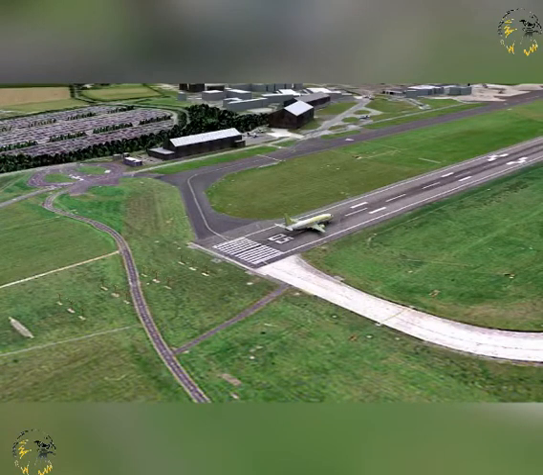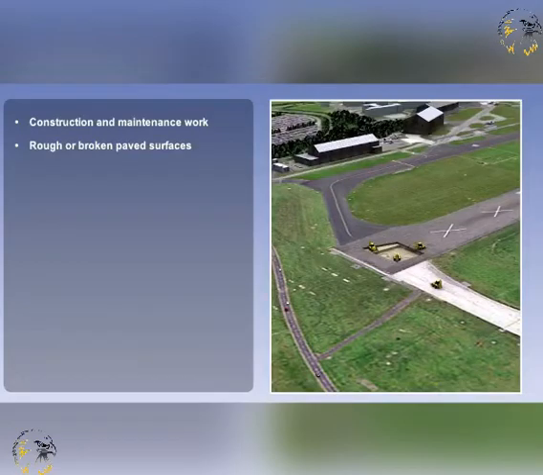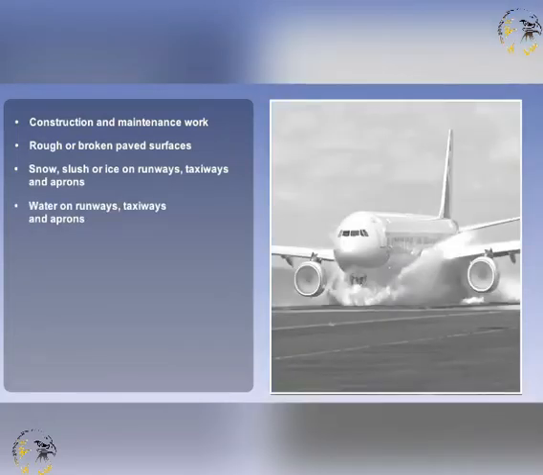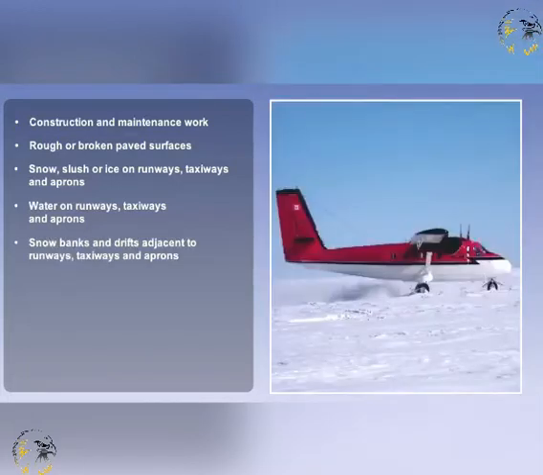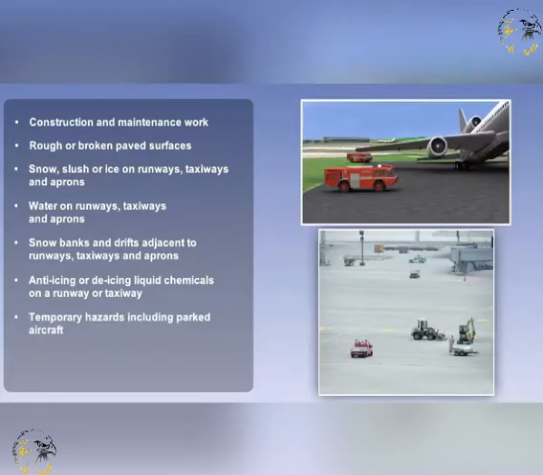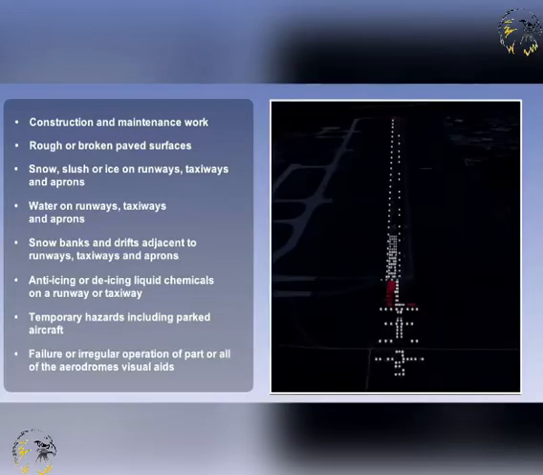This is particularly the case in respect of construction and maintenance work, rough or broken paved surfaces, snow, slush or ice on runways, taxiways and aprons, water on runways, taxiways and aprons, snow banks and drifts adjacent to runways, taxiways and aprons, anti-icing or de-icing liquid chemicals on a runway or a taxiway, temporary hazards, including parked aircraft, failure or irregular operation of part or all of the aerodrome's visual aids, and failure of the normal or secondary power.